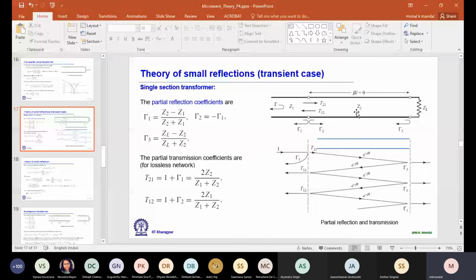What is the characteristic impedance? It is Z2, right? Now you plot its S parameter. We can do that, but that is not a matching problem. You are just considering a section of transmission line and plotting it. You did not consider the effect of Z0 and ZL connecting them. It's just a section of transmission line, so it has nothing to do with this matching.